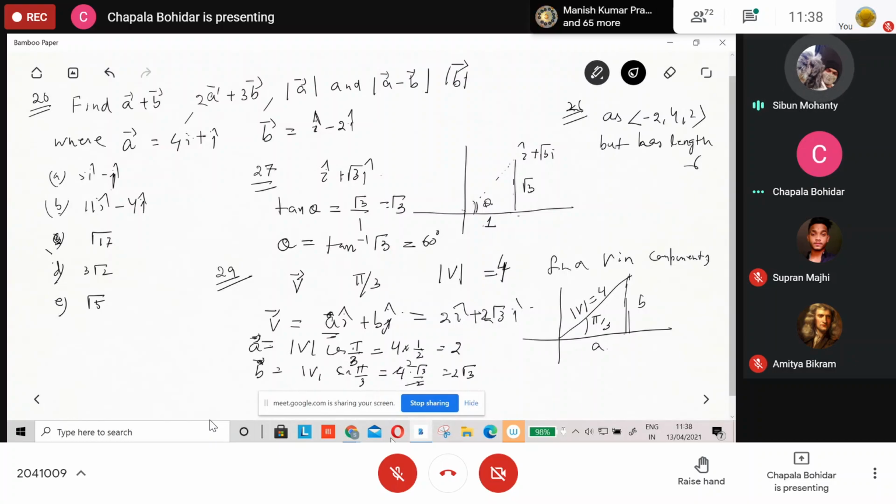Because it is the same direction, it is parallel to the given vector minus 2, 4, 2. Having the length 6 means, if you want to find a vector, it should multiply with the unit vector or not? I am asking.